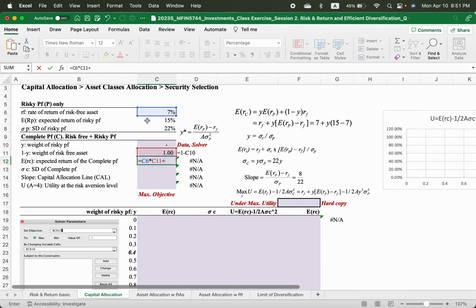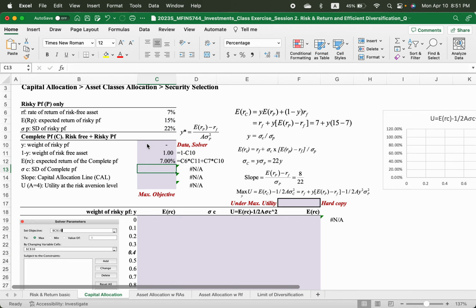Plus the expected return of the risky portfolio, 15%, times the weight of the risky portfolio. So now currently 7%. Why 7%? Which is the same as the risk-free asset expected rate of return, because the weight of the risky portfolio is 0.